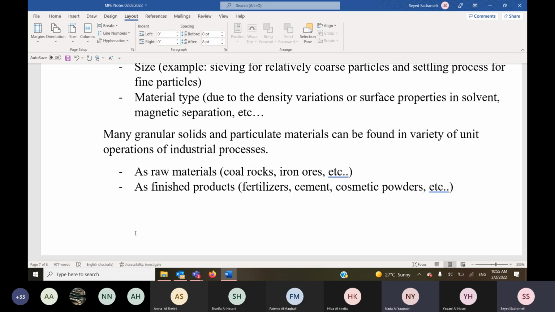So some of the solids can be used as raw materials like coal, rocks, iron ores, and some of the solid materials can be used in the final product like fertilizer, cement, cosmetic powders, and so on.